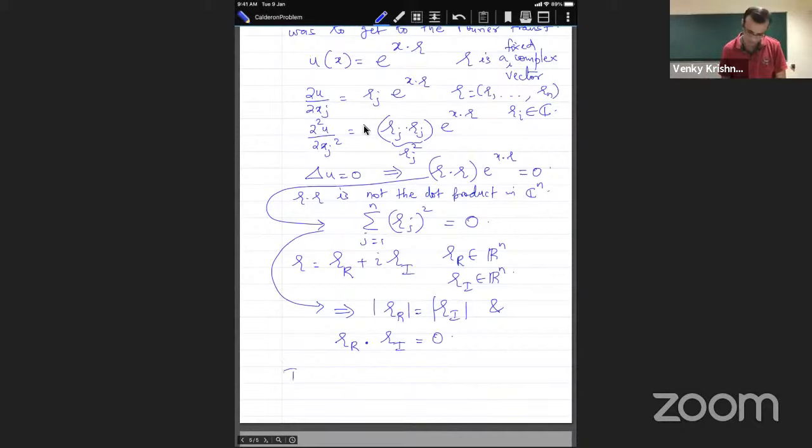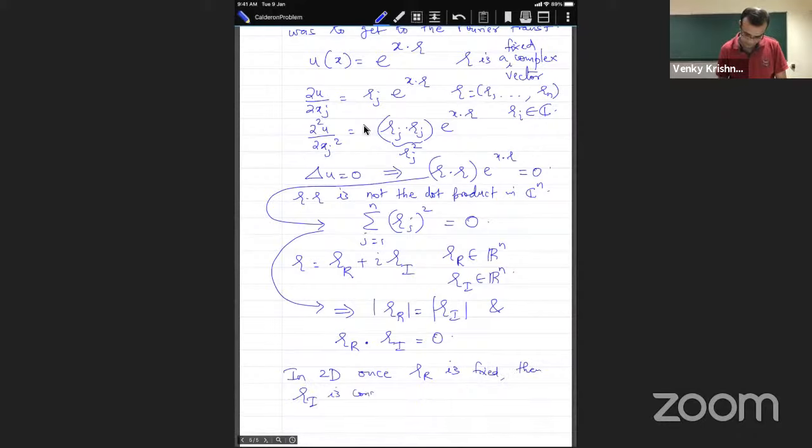So in 2D, once zeta r is fixed, zeta i is constrained to be in the orthogonal direction, and there is essentially only one.